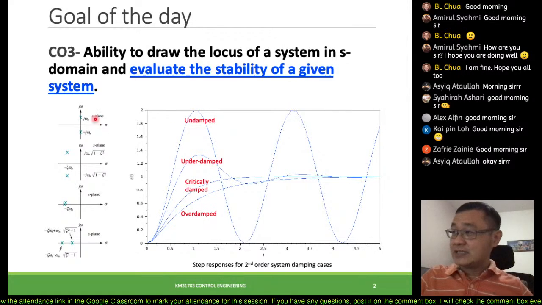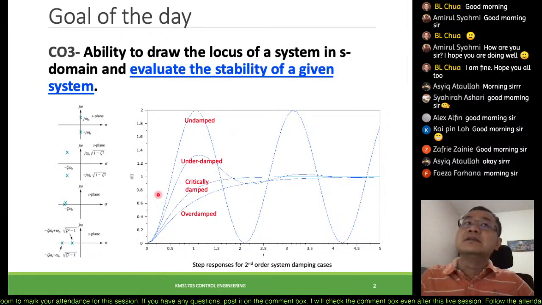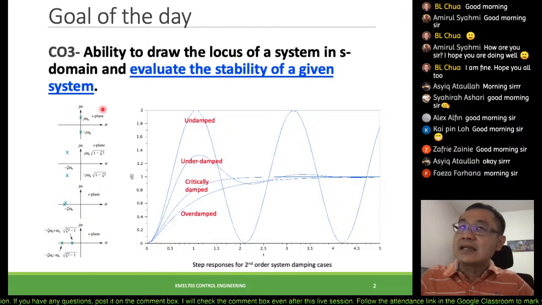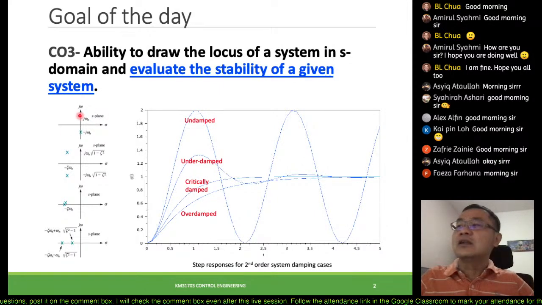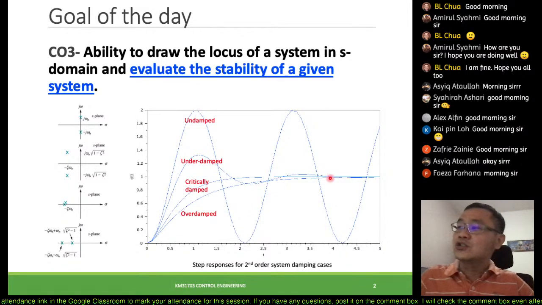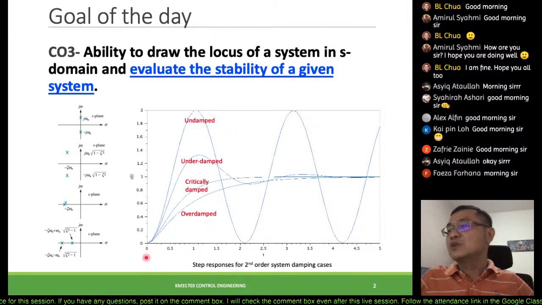So here you can see that we have previously discussed the S-plane, where the locations of the roots are lying, and what the characteristics of the corresponding time response are. When the pole is lying along the imaginary axis, we form undamped situations.